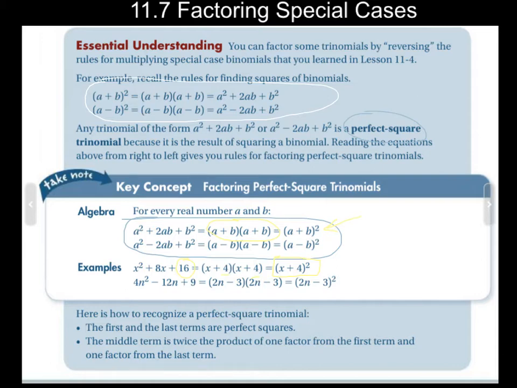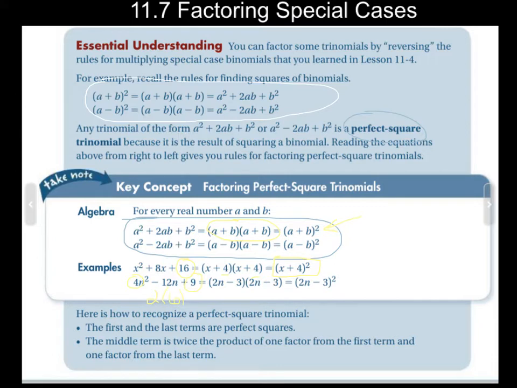So anytime you have the same factor twice, you combine them and write it as a squared term. And in the second example, notice not only do we have a perfect square at the back with 9, but the leading coefficient of 4 is also a perfect square. So anytime I see perfect squares at the front and the back, I need to be aware that I might have the pattern for a perfect square trinomial. If I take a 2 out of the middle term, instead of having 12, I would have 2 times 6.